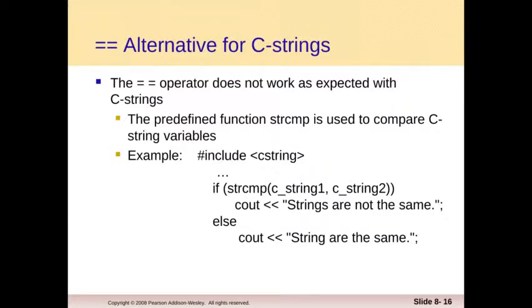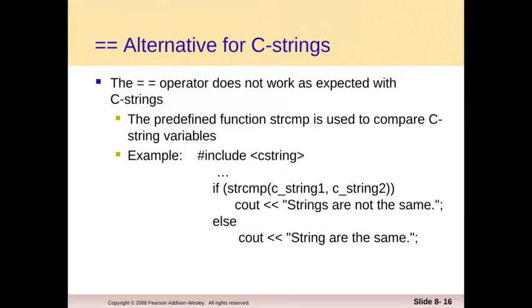Okay, so the way this is used is like this. And now you have to watch out for something, namely that this is going to be non-zero when they are different, right? As I just showed you, if the second one is larger, you get a negative value. If the first one is larger, you get a positive value.